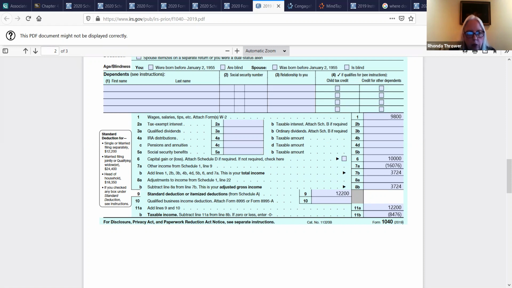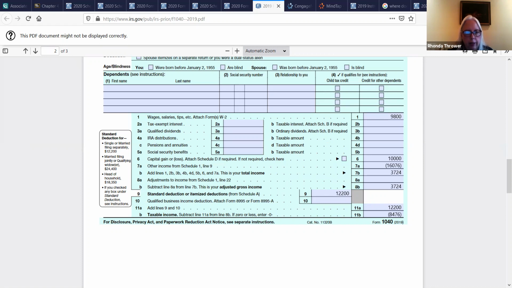And it also tells us on line 10, if line 2C is a loss, go to part 3, or otherwise go to line 15. So we need to go to line 15. There's no income because it was a loss.